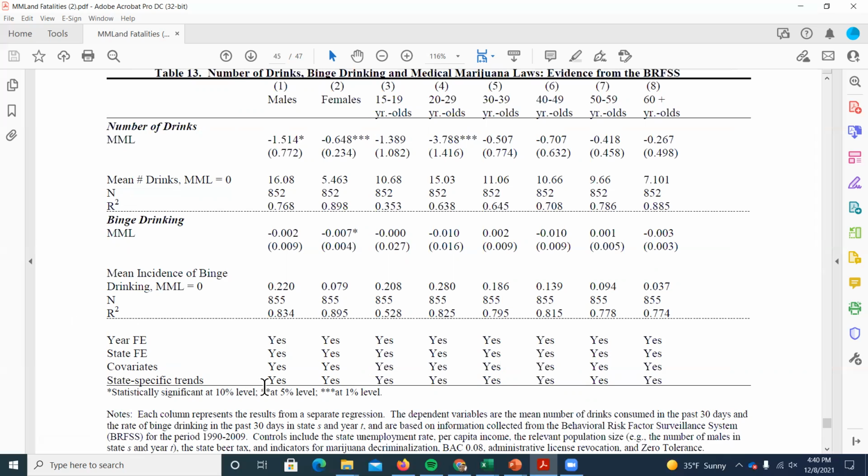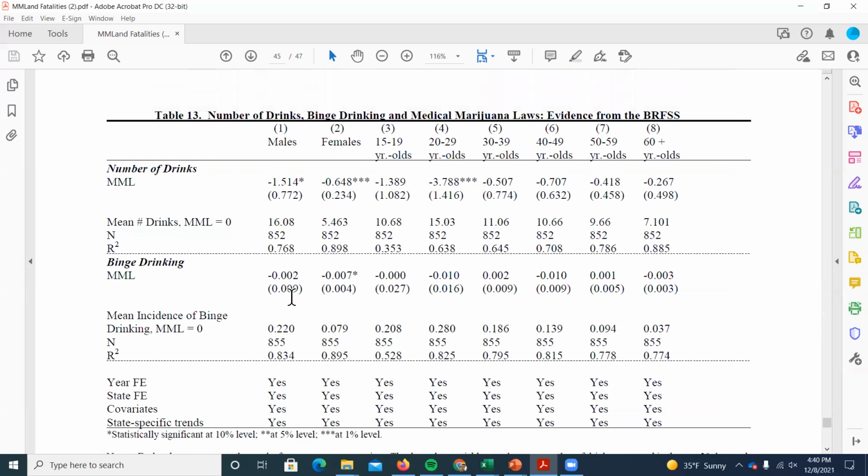They also did this fancy thing that we don't even have to understand, but they included state-specific time trends. So they've really tried to account for a lot of things here. And even after controlling for all those other things, it looks like if a state had medical marijuana legalized, relative to not, the number of drinks that people consumed actually went down.